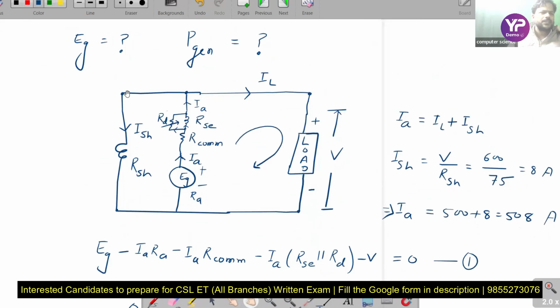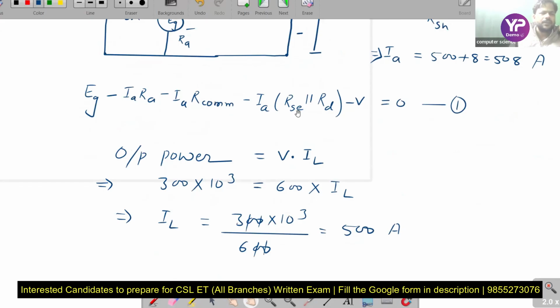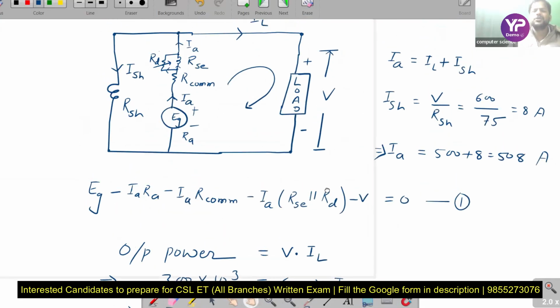Now we need to find EG. Here the value of IA is found. Now we need to calculate RSE parallel RD, and we know that when two resistances R1 and R2 are connected in parallel, R1 R2 upon R1 plus R2 is the equivalent resistance.